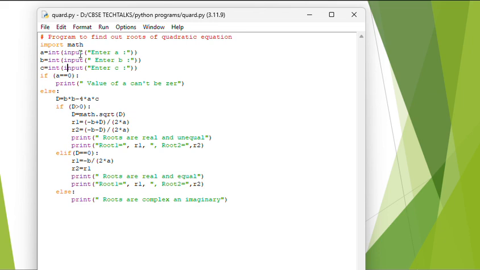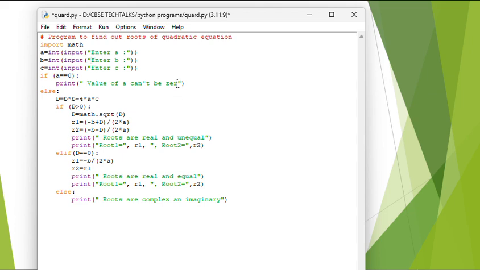If you want, I can explain once more. We have imported a math function here. We have read the value of all the three variables, that is coefficients of x, a, b and c. If the value of a is 0, it means you are dividing by 2a, and if the value of a is 0 means you will be dividing by 2 into 0, that is 0. That will be infinite. We can't divide any number by 0. So this is the case when we have to check.